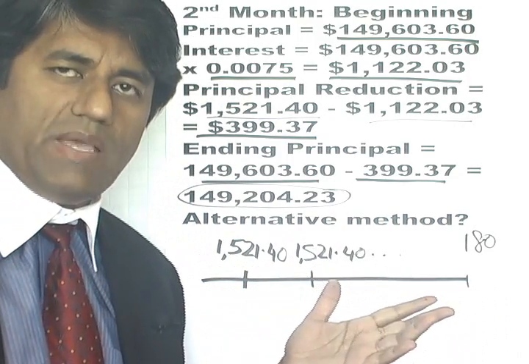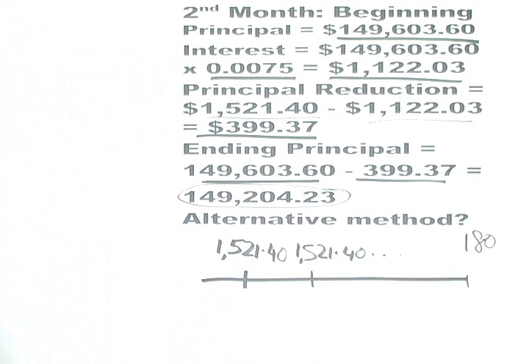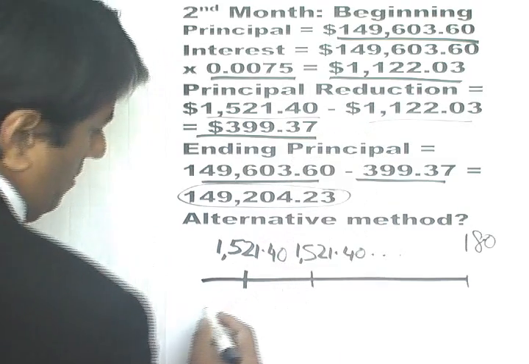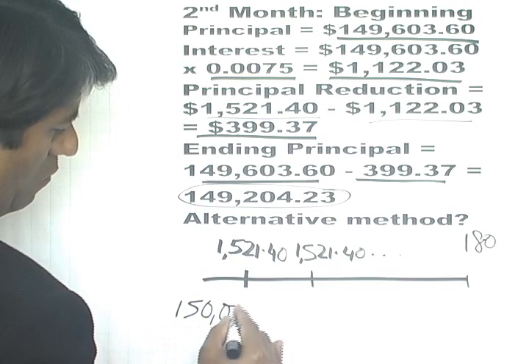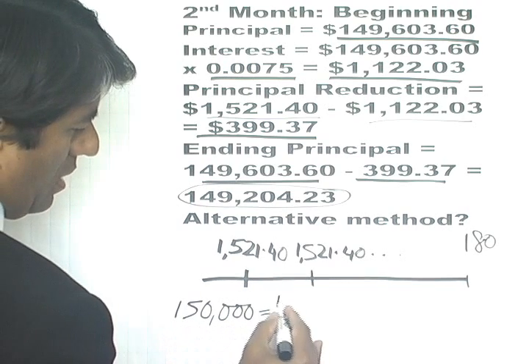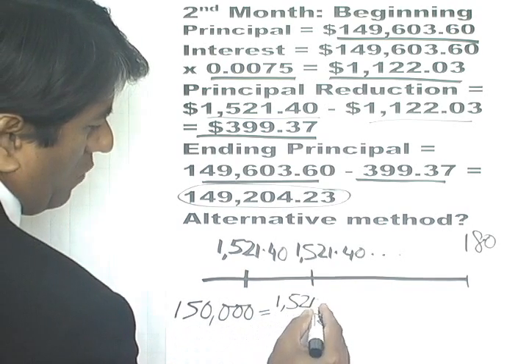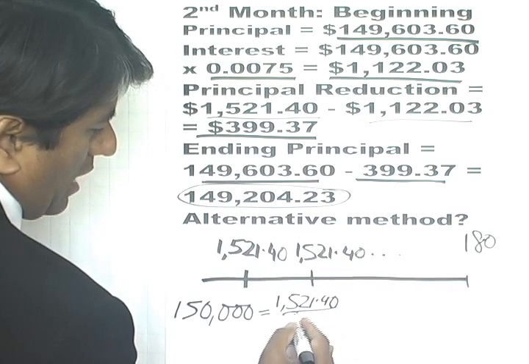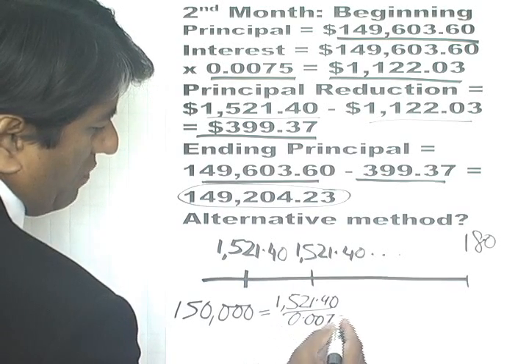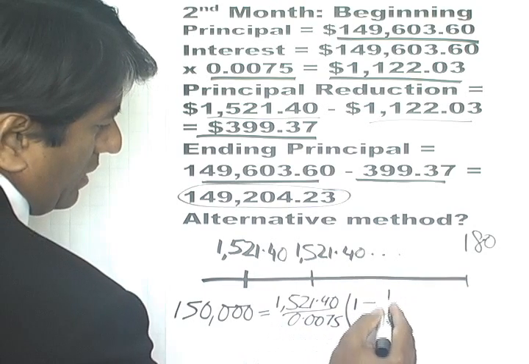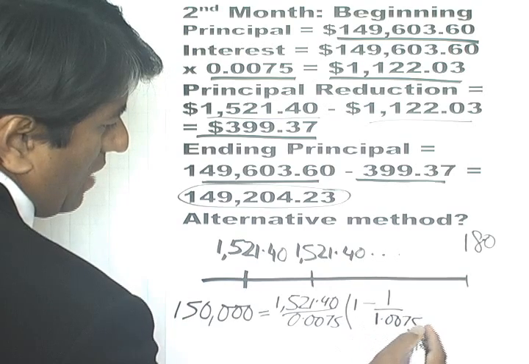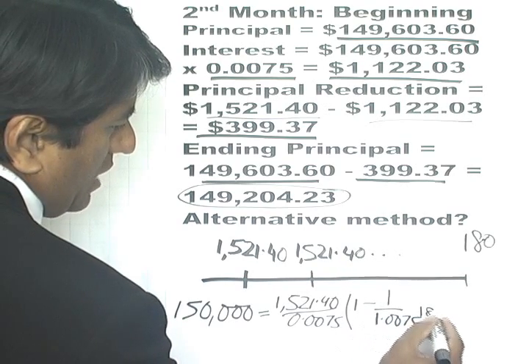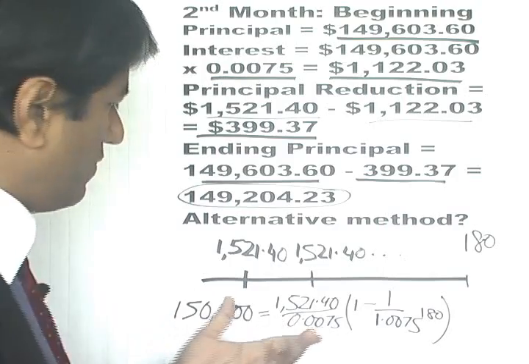Well, this is the amount which pays off the loan, which also means that the loan of 150,000 would equal 1521.40 divided by 0.0075 into 1 minus 1.0075 to the power 180. You can check for yourself if this is correct.